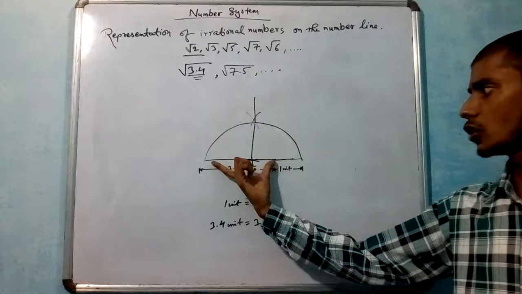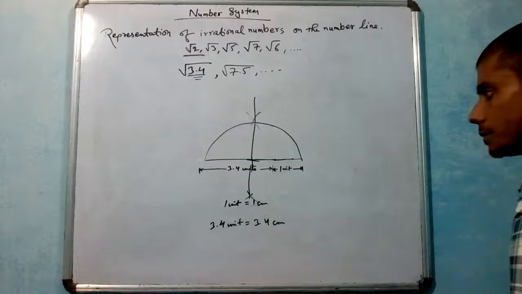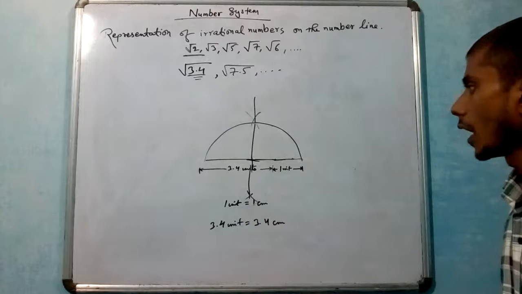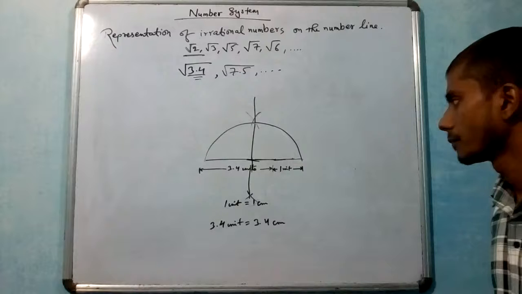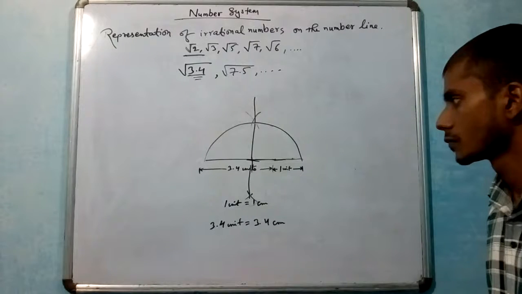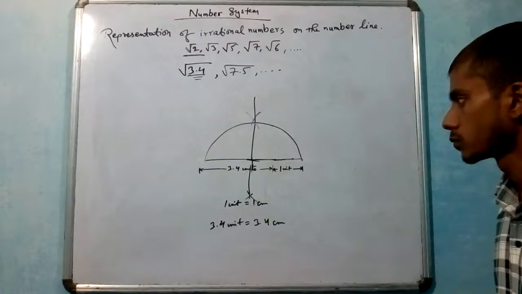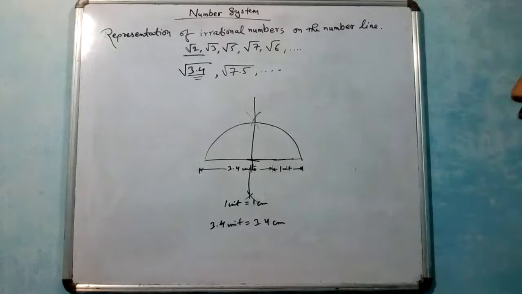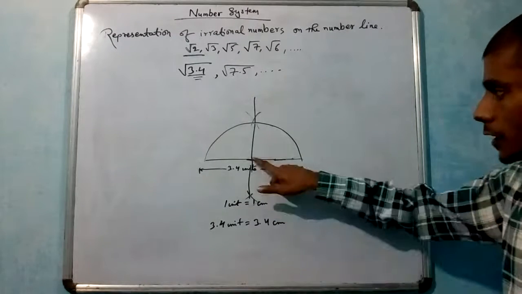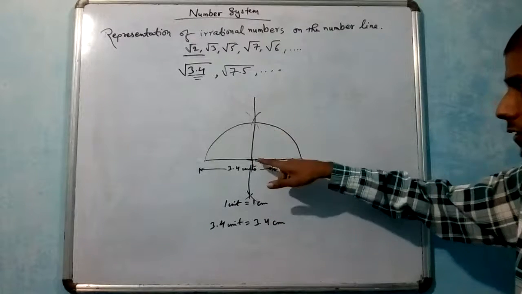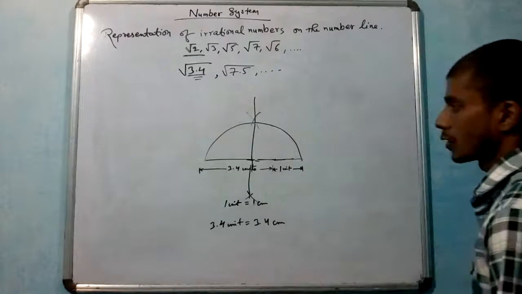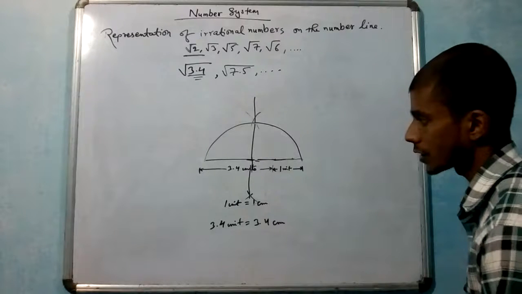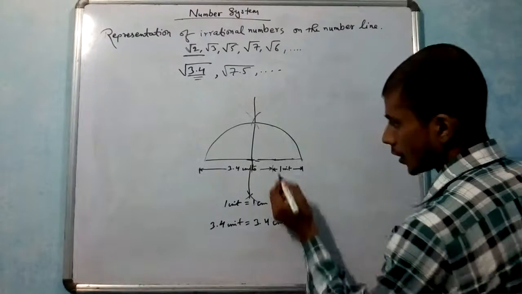After taking this value, 1 unit extra we took. Next, find the middle point by drawing the perpendicular bisector. After that, draw the semicircle. After drawing the semicircle, what to do?